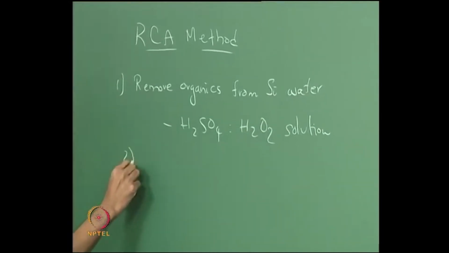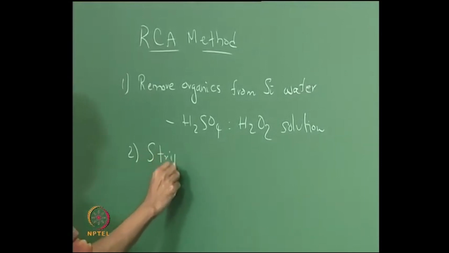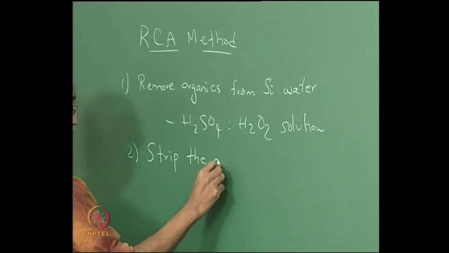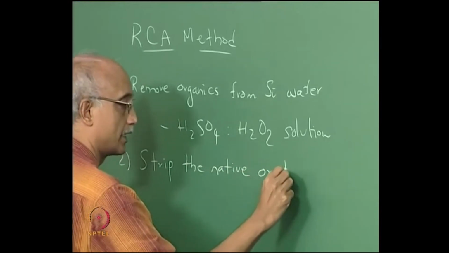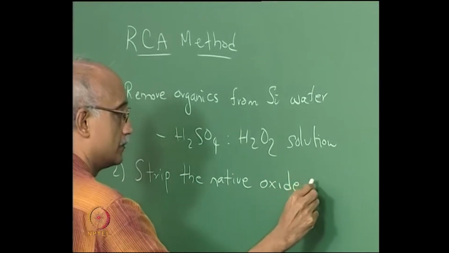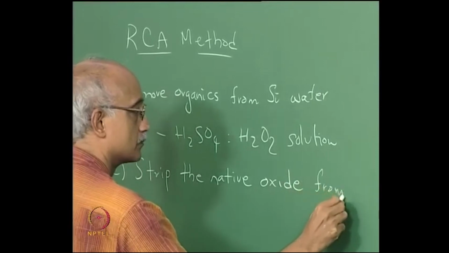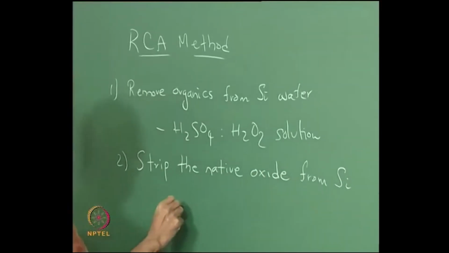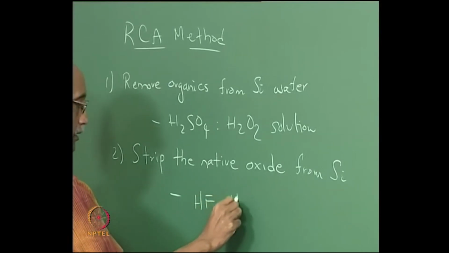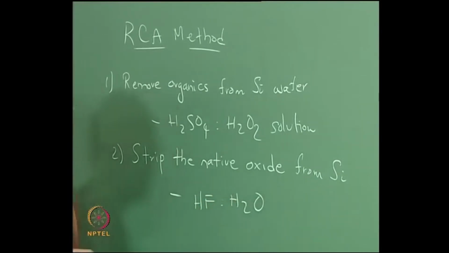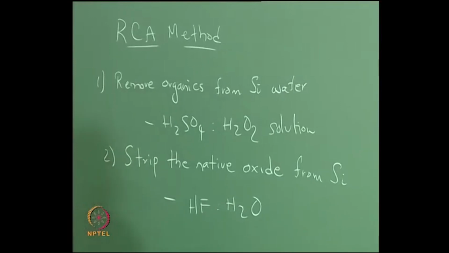The second step is to actually strip the native oxide, that is SiO or SiO2, from silicon, and this is done using a mix of HF and H2O, hydrofluoric acid water mixture.